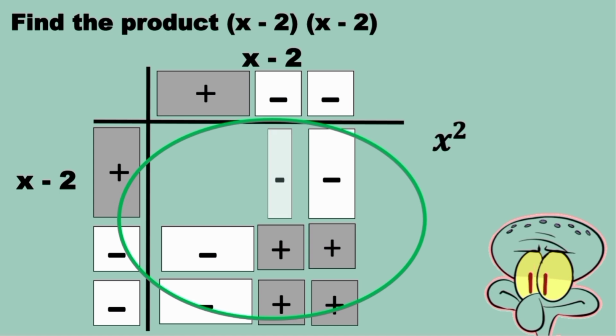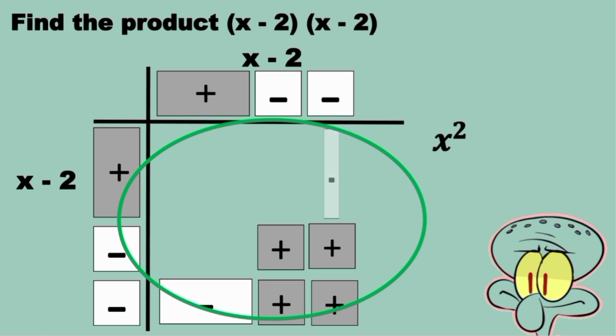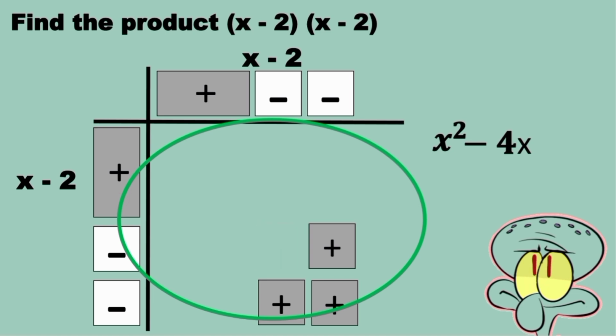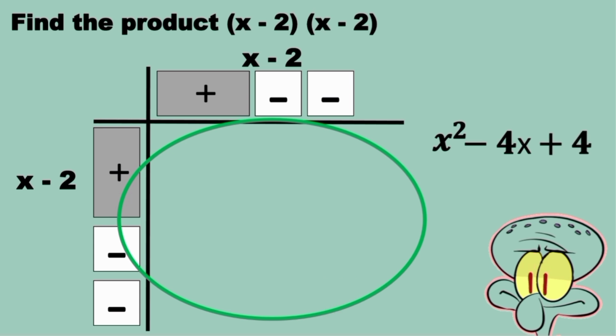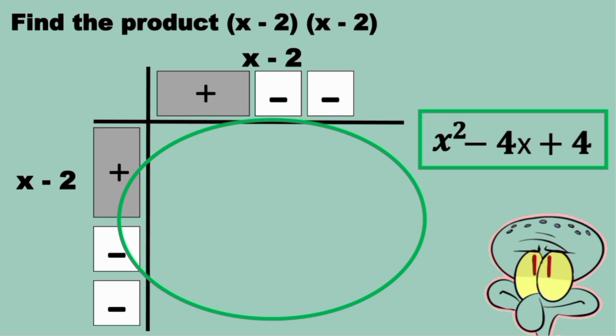We have 4 negative x. That is negative 4x. And we have 4 positive 1. That is positive 4. Our final answer is x squared minus 4x plus 4.